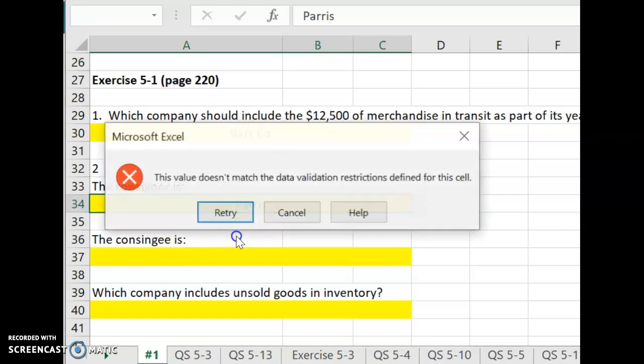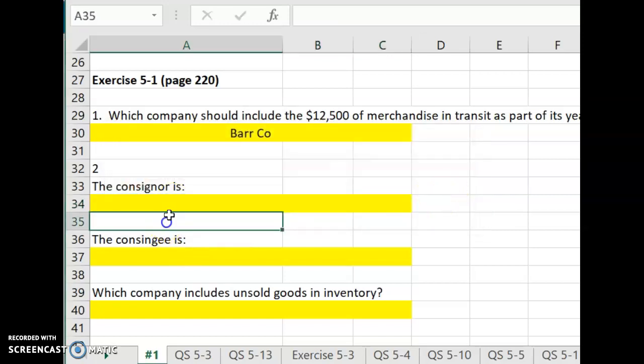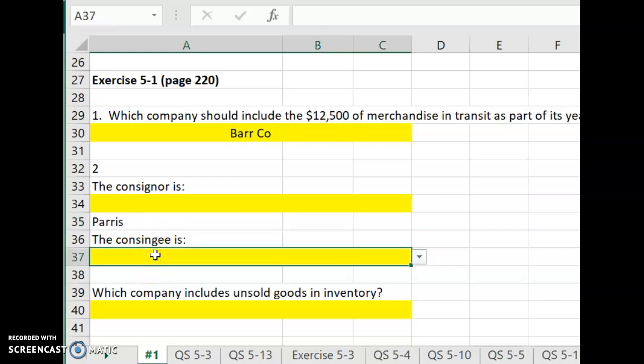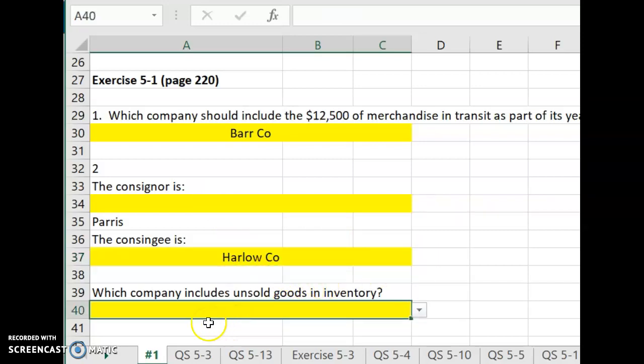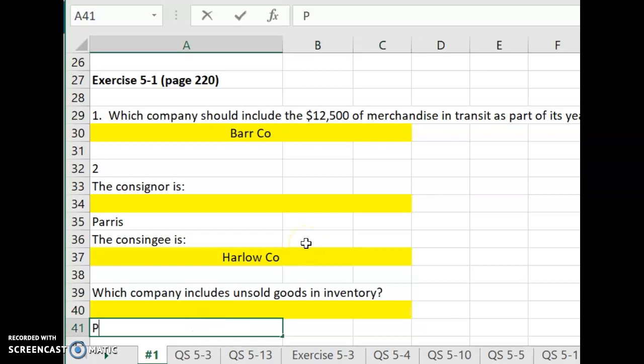The consignee is Harlow Company. And which company includes the goods in inventory? Paris is the one that includes the goods in inventory. That concludes lesson 1.